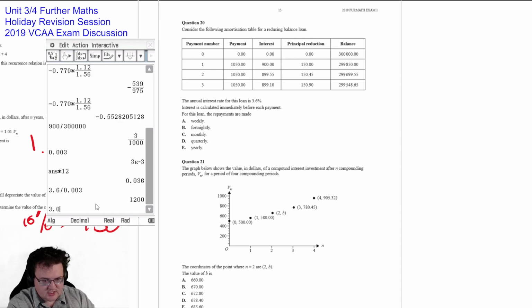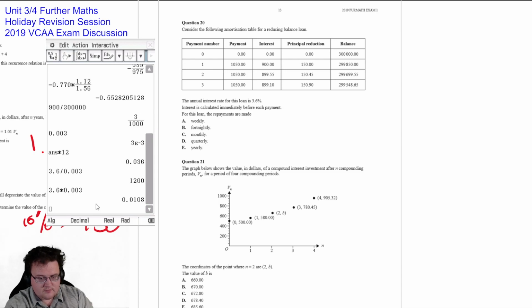The goal is to get to 12. 0.036, there, 12.